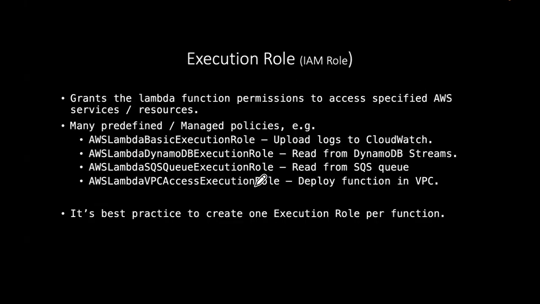So up to now, I've been talking about who can trigger a Lambda, or what service can trigger a Lambda. That's what we've been talking about over the last few slides. The other side of the coin is what services can our Lambda function talk to? Our Lambda function can talk to any other service, but it's controlled by what's called the Lambda function's execution role, which is an IAM role.